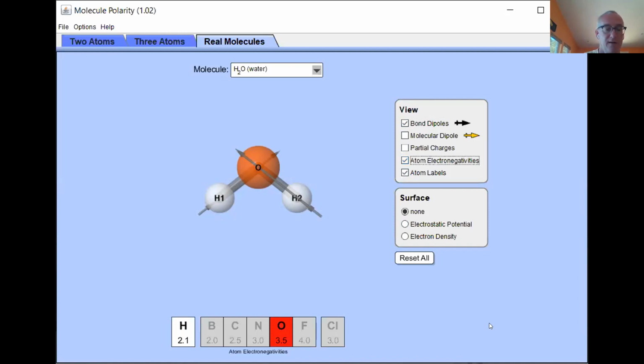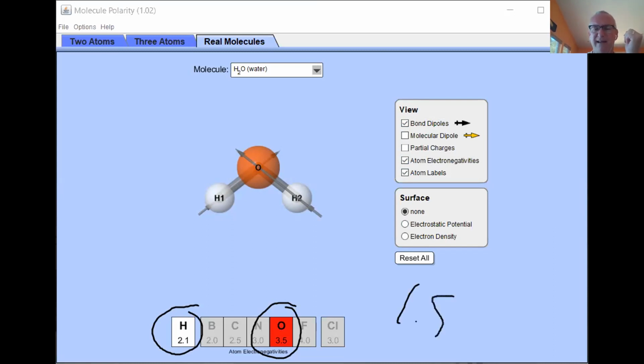So we can see here that oxygen is like the second highest one, 3.5, and that hydrogen is sort of right in the middle. It's like 2. And so these are very, very polar bonds. You remember, any difference bigger than like 1.8, I think, is considered ionic. So this is like bordering on ionic. So they're very, very polar bonds.